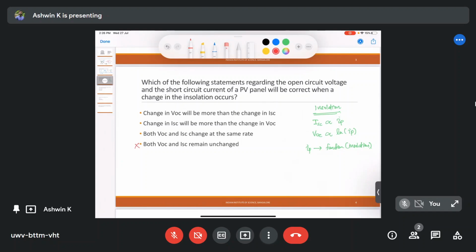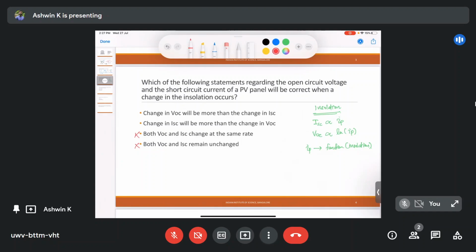We have also derived the relation between how the change occurs for each of those parameters, and we definitely know that the change in ISC is more than that for the change in VOC because of the proportionality. One is directly proportional and the other is proportional in a logarithmic way. If we go back to the options, the same-rate option is not right because they don't change at the same rate.